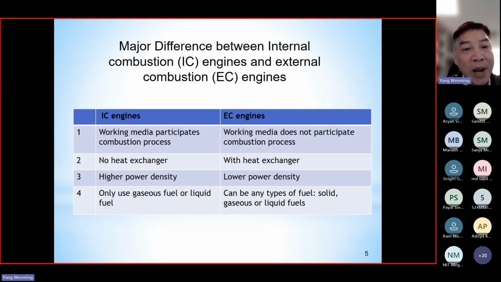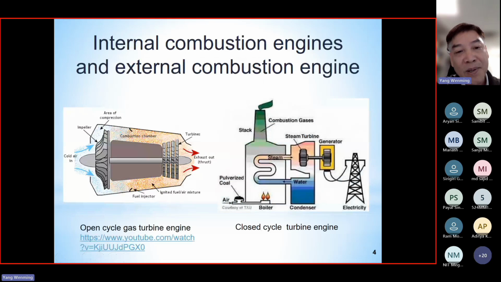So the IC engines have higher power density and the EC engines have lower power density.